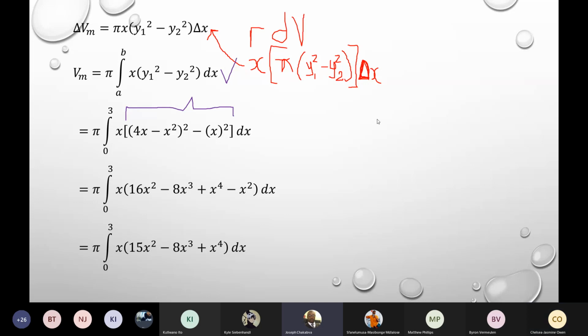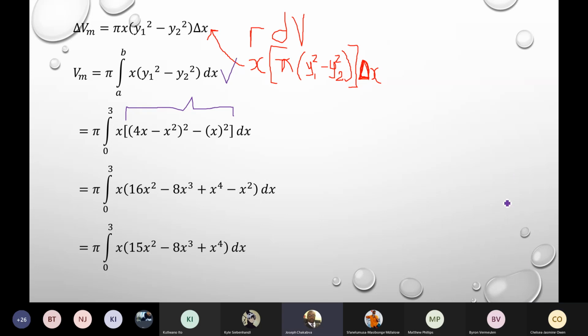Is it the volume moment part? Yeah, I'm asking about volume moment. I want to know the basic steps that we will be following for the majority of these volume moments: we substitute our equations for our lines into y1 and y2, then we expand it, and then we integrate it. Is that how it works? That's correct. Okay, sir.